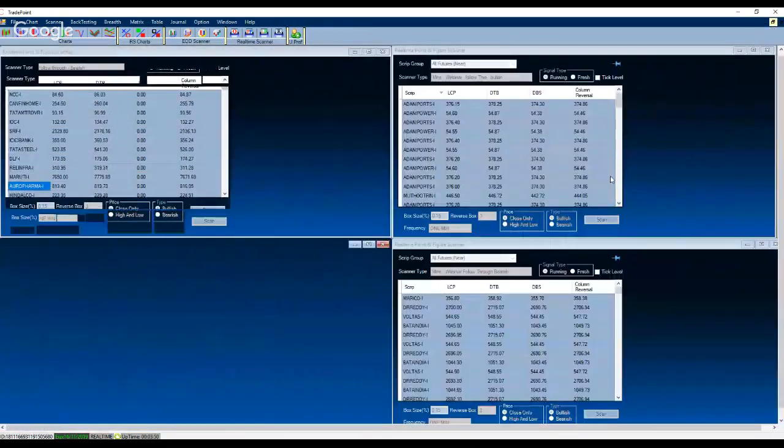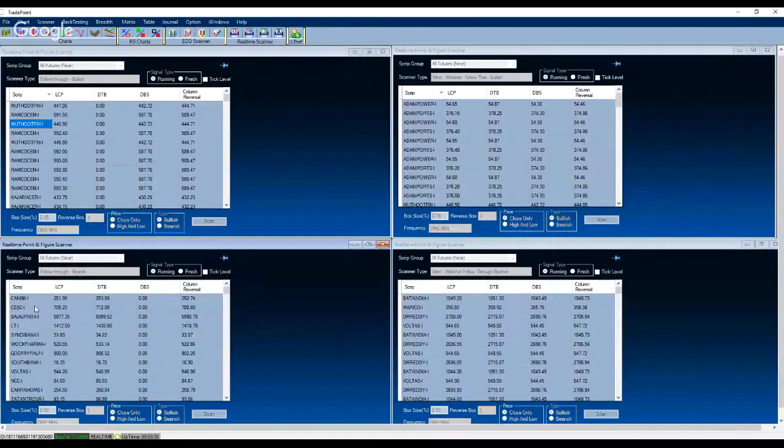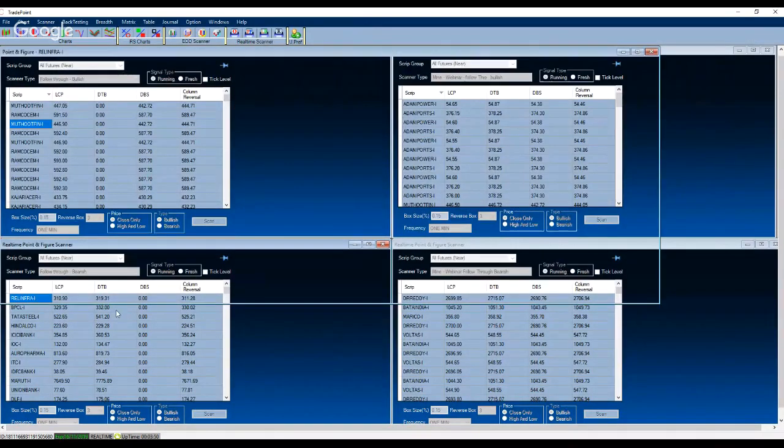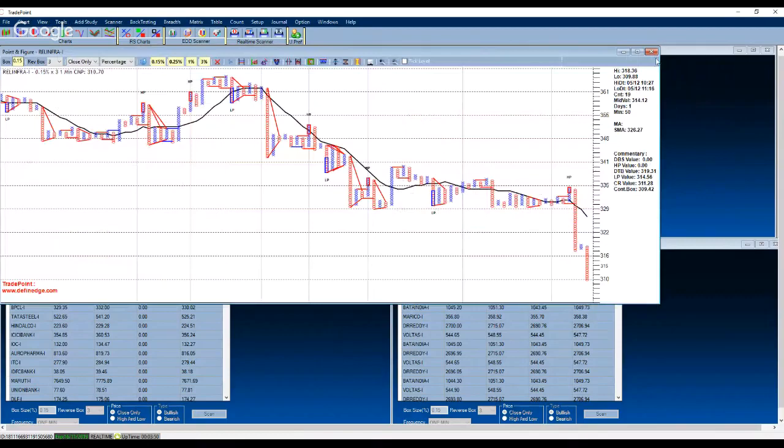So what you can in fact do is, the predefined scanners that we have here will basically throw out candidates wherein a buy or a sell signal has already been triggered.